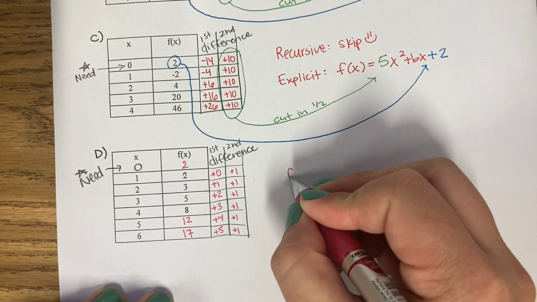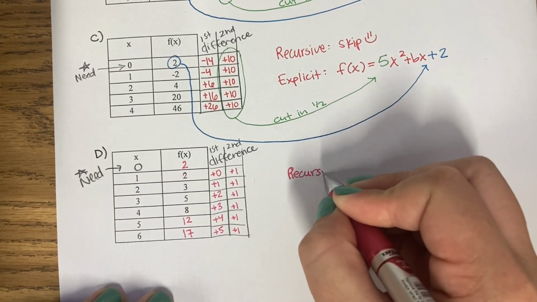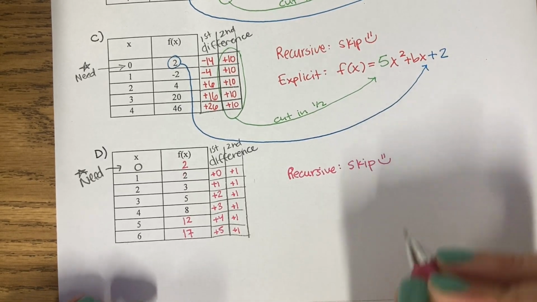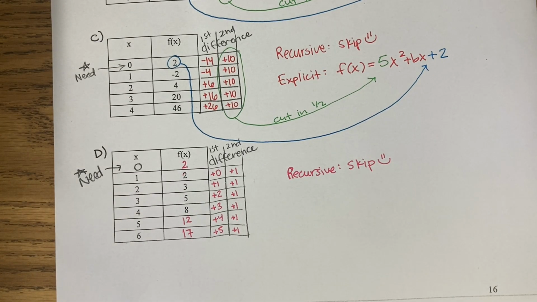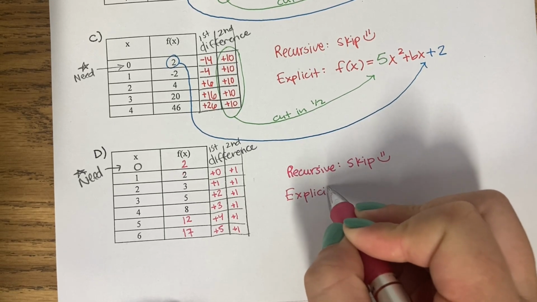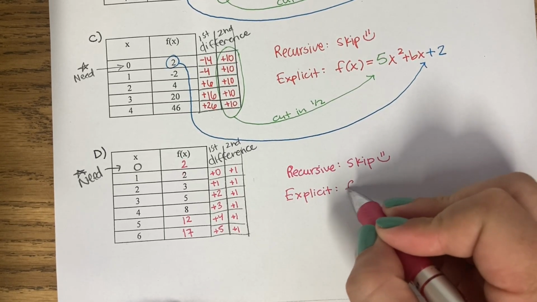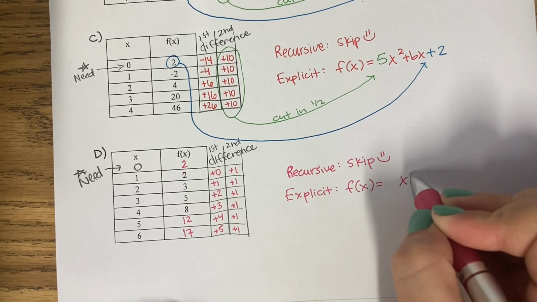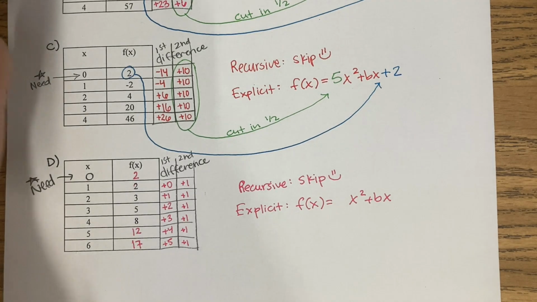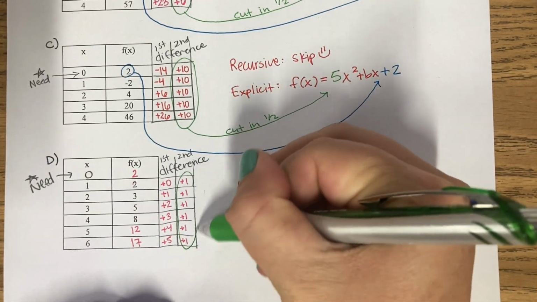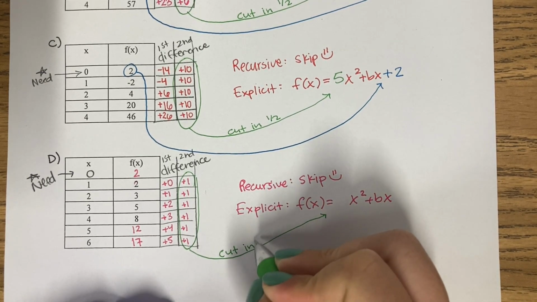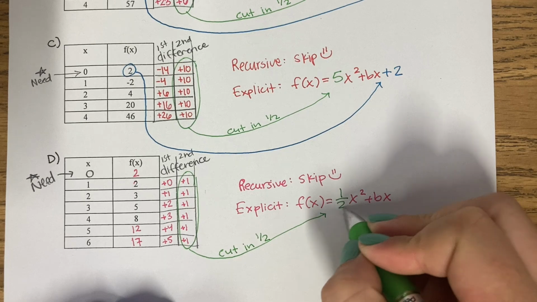The table, recursive for a quadratic. We skip. And then the explicit. F of x equals ax squared plus bx plus c. And we take our second difference, cut it in half. 1 cut in half is 1/2.